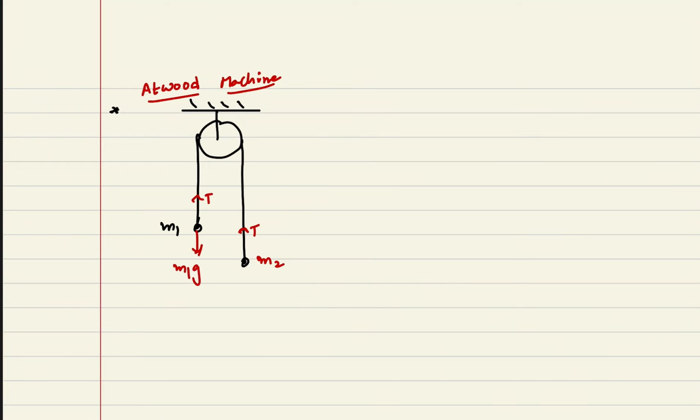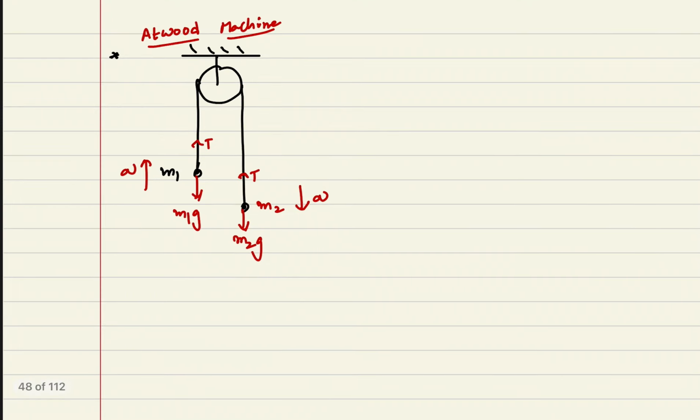You can see that m1g is acting downward, m2g is acting downward. We can see acceleration upward here, and here also acceleration. m2 is going downward, m1 is going up, as m2 is greater than m1. Now if you want to calculate the acceleration, it is net pulling force divided by total mass.